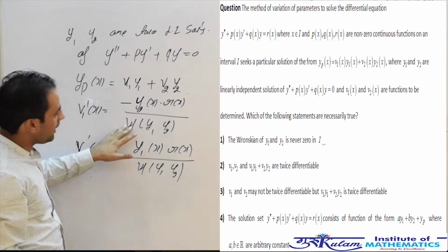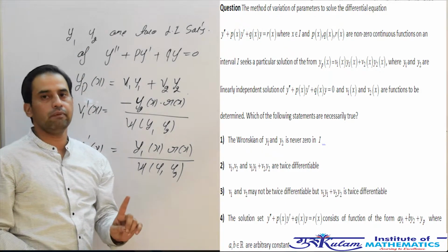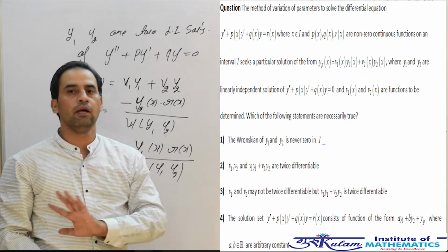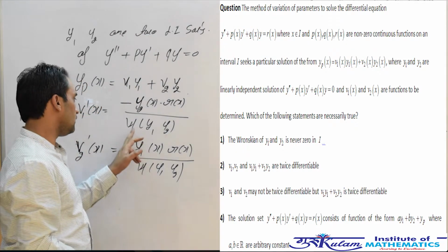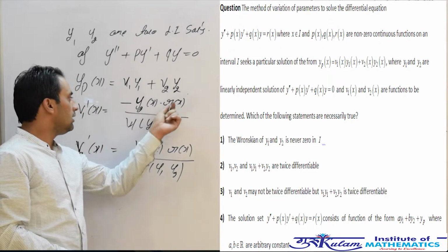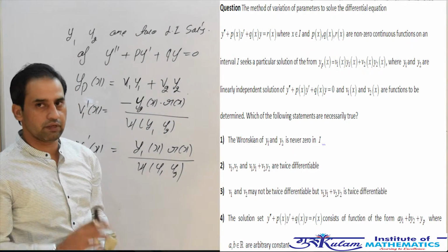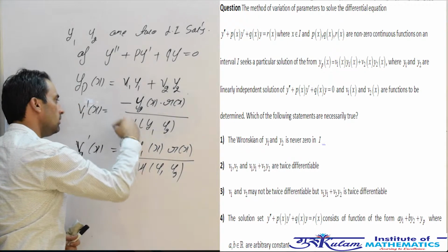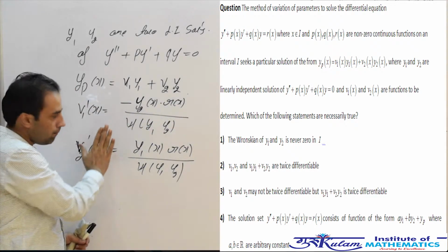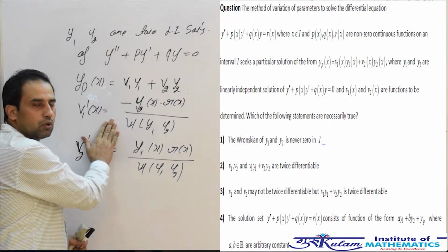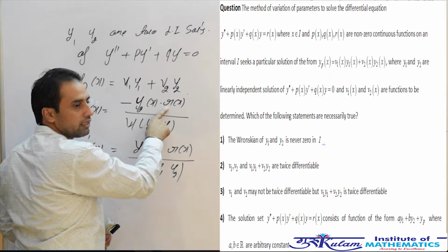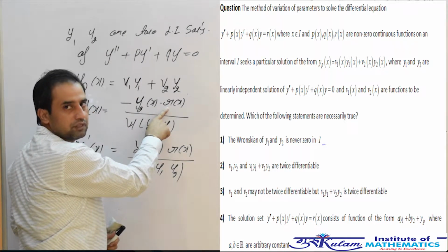The Wronskian of any two solutions is a differentiable function, but higher order derivatives may not exist. So this W is a differentiable function. This r(x) is given to be continuous but need not be differentiable. So overall this term may be differentiable, maybe not, since r(x) is only a continuous function. It need not be differentiable.